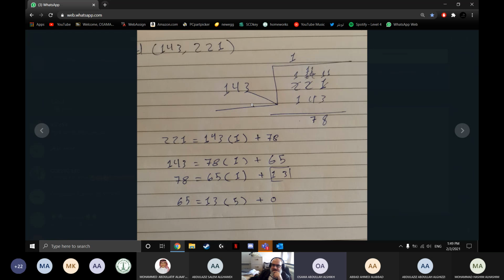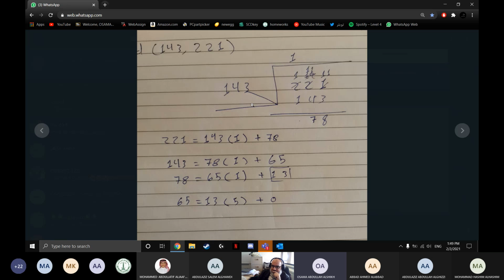Okay? And so again, this is easy. They are very close to each other. So 78 and 65. So 78 is equal to 65 multiplied by 1 plus 13. Right?